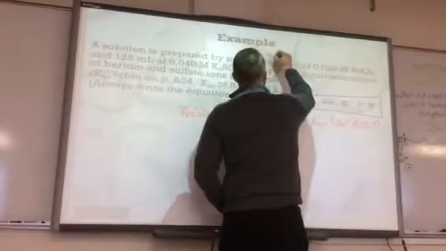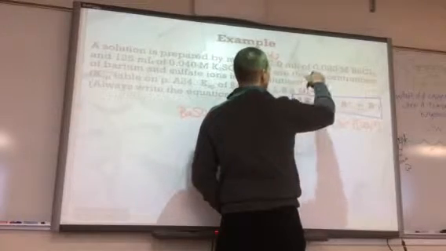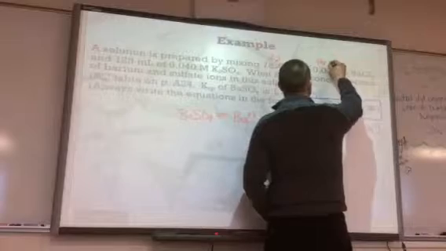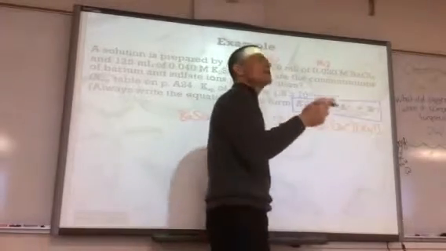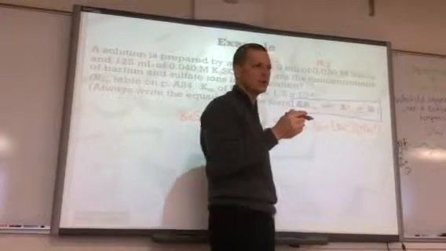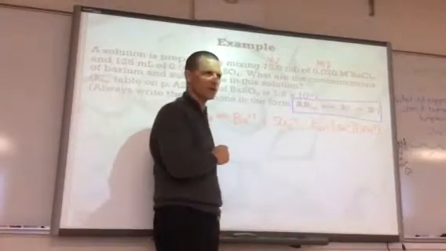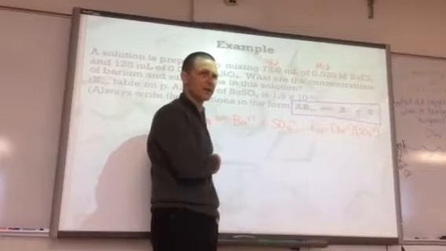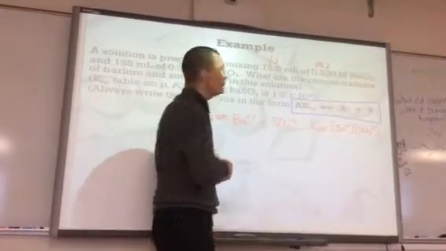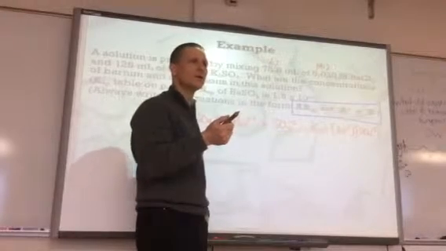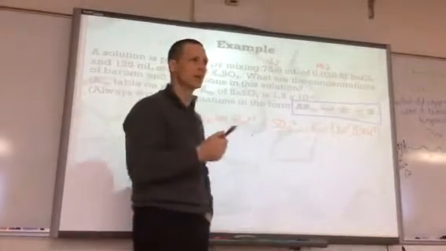Our volume 1, V1, of the barium solution is that. M1 is that. We're going to have to use the dilution formula, M1V1 equals M2V2, to find what the new dilute concentration of barium is. What would it be? V1 is 75 milliliters. What's the new volume, V2? 200 ml.